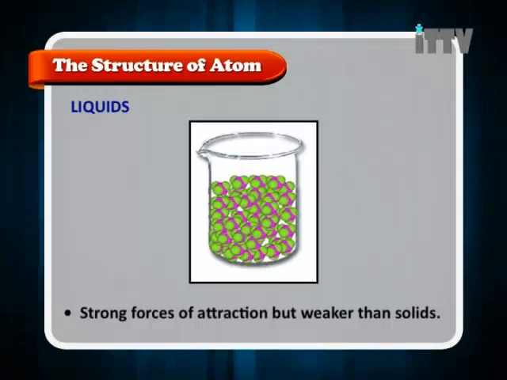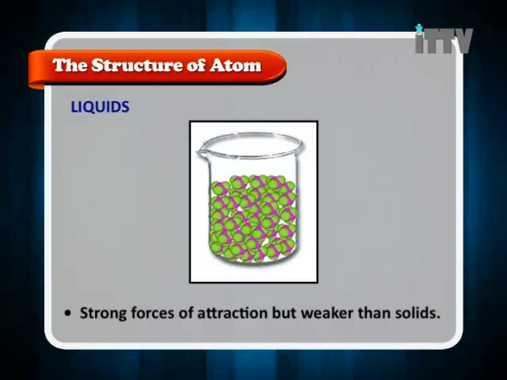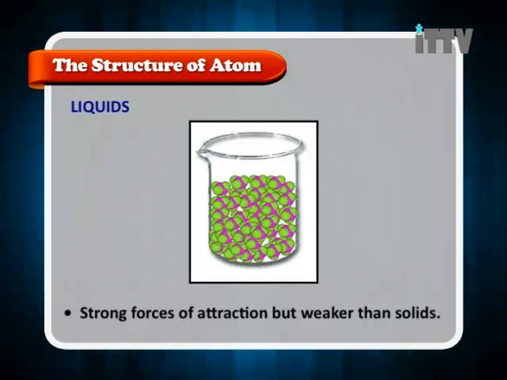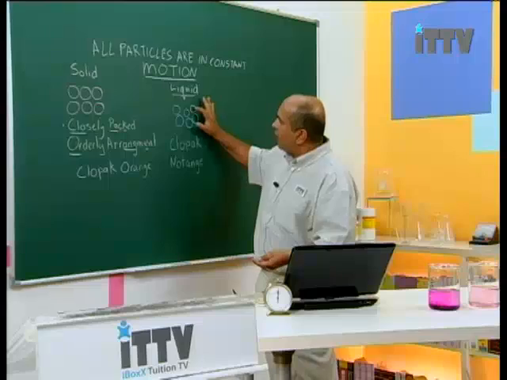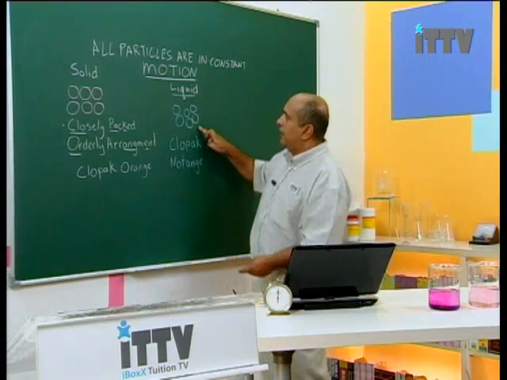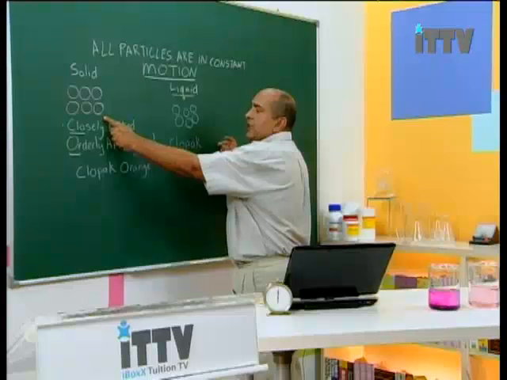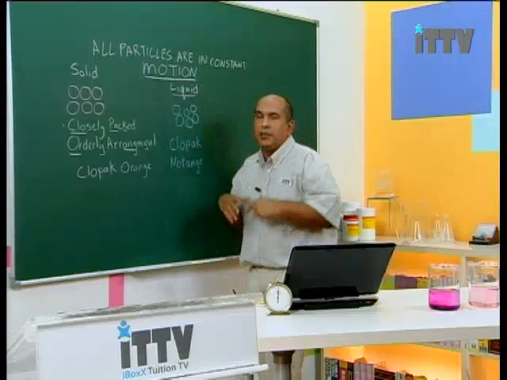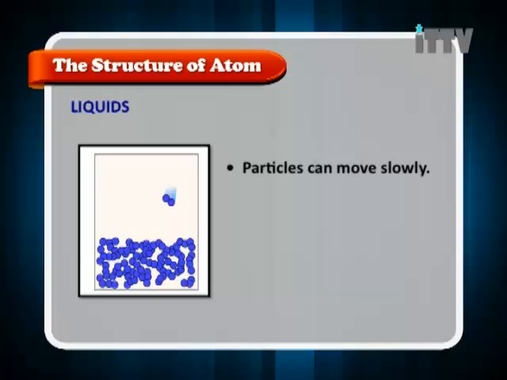Key points: strong forces of attraction, but weaker than solids. So here the forces of attraction are still strong, but because the particles are slightly further apart here, over here in the solid they are much closer together, the forces of attraction must be slightly weaker than in the solid state.